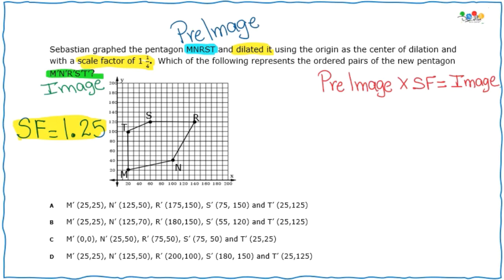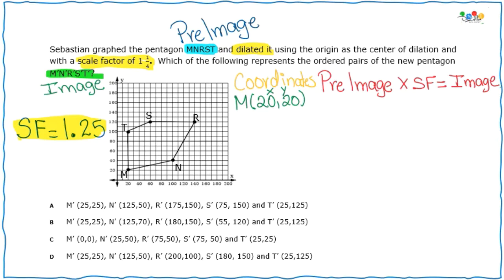Okay, so what I want to do is use the coordinates. Let me find some of the coordinates on my shape. I'm going to start with M. So the coordinates for M are 20 and 20, right? The first number is your X value, the second number is your Y value.